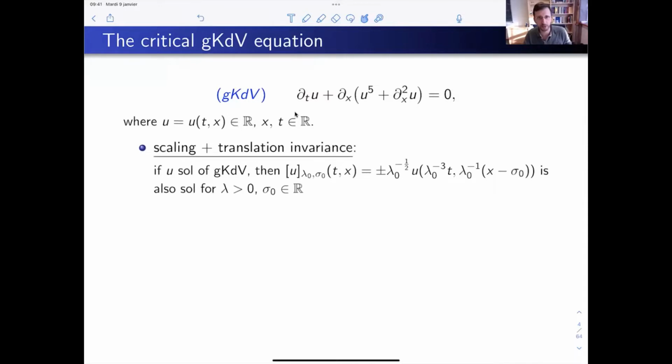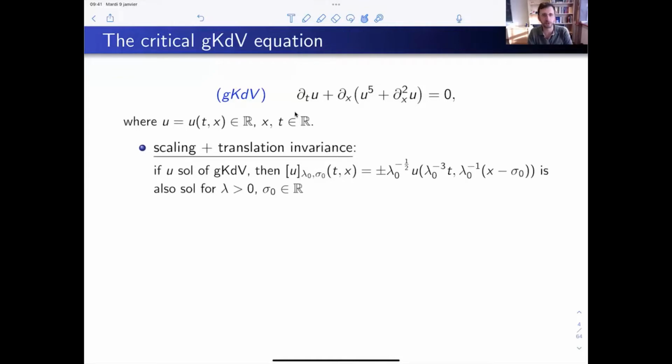So this equation has two geometrical invariances, and here we put the two transformations into one: a scaling and a translation invariance. What does it mean?